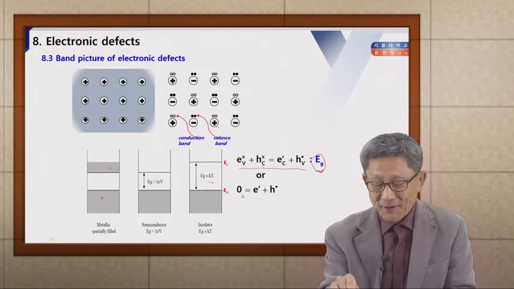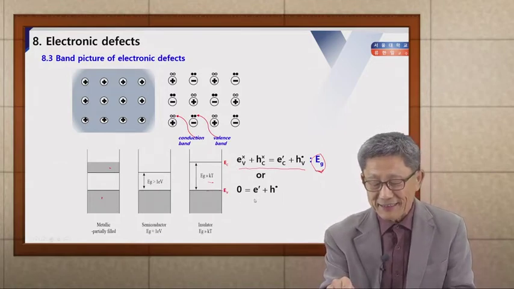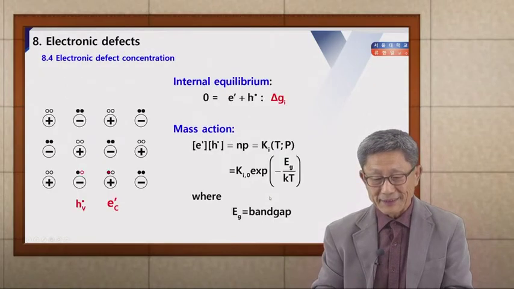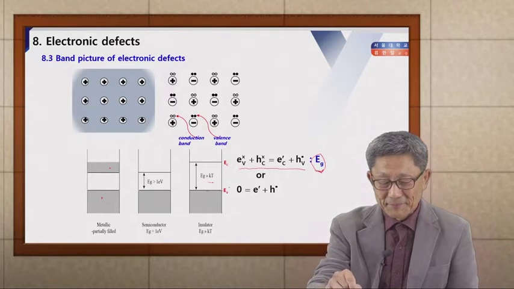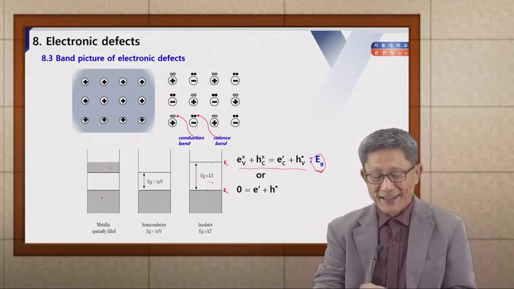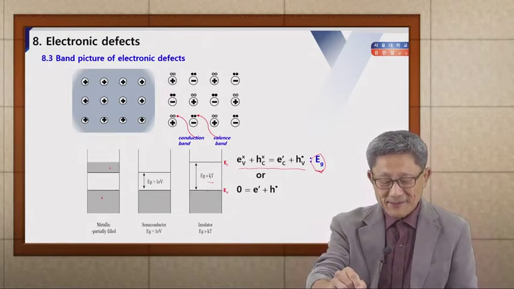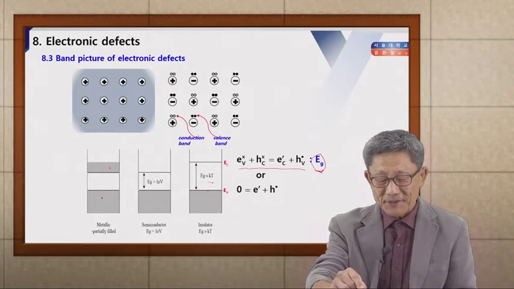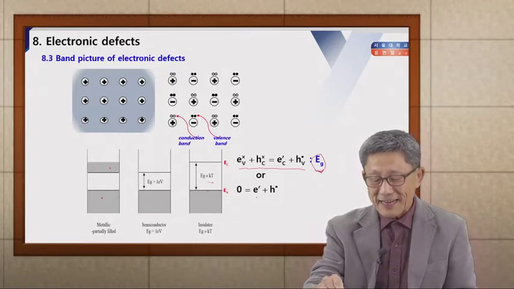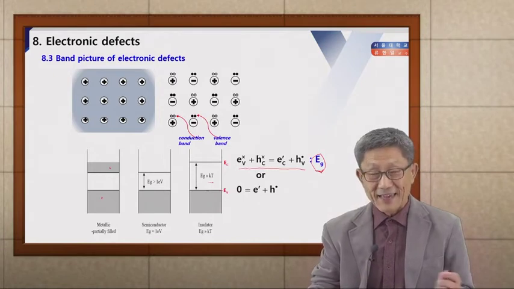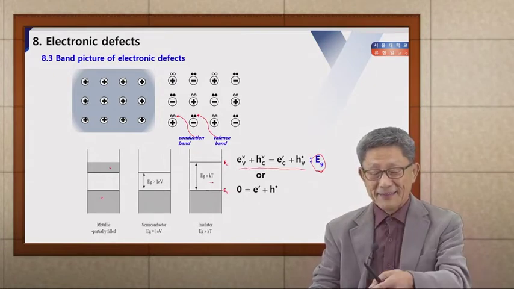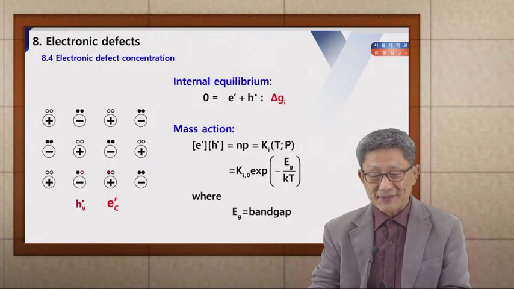So you see, when you create the electronic defect, you have to do work, by this much. And this is simply because of the entropy effect. Therefore, this electronic defect is also a thermodynamically stable defect. As temperature increases, the electronic defect concentration increases.